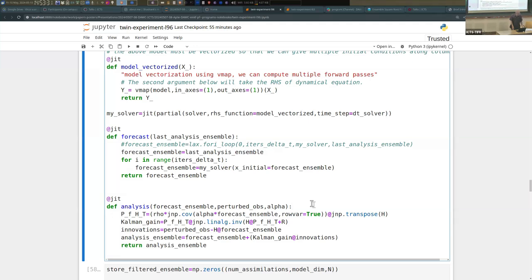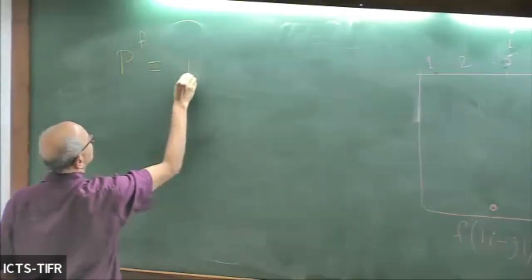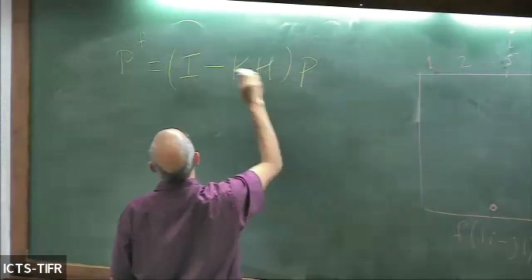Okay, so localization, that was one thing. The other, remember the main rationale behind inflation was that if you do not have inflation, we had a missing factor in the covariance calculation. The Kalman equation looks like this. This is P^A.